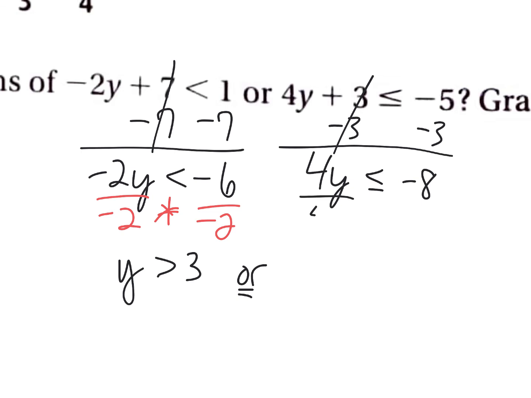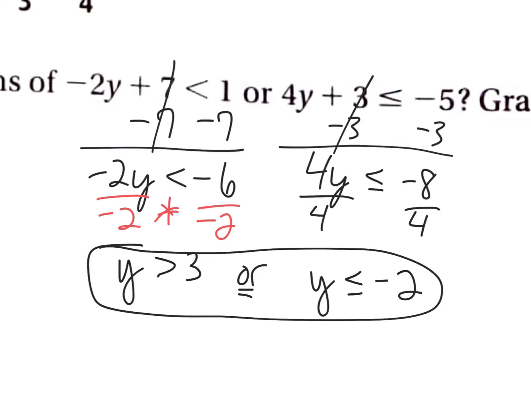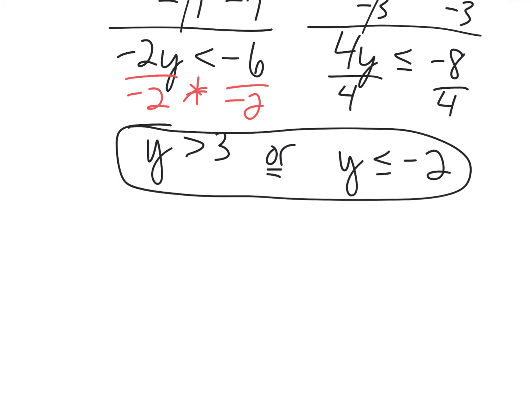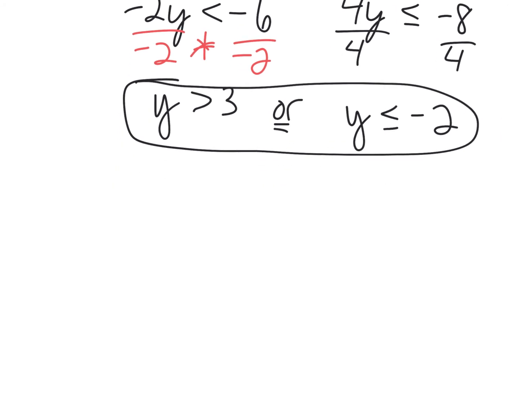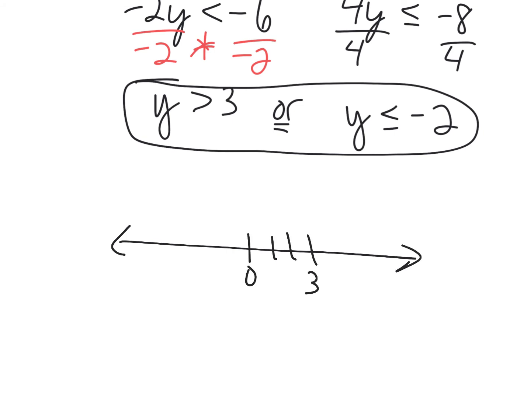They're multiplying, so we can divide. This time we're not dividing by a negative, so we're okay. So y is greater than 3, or y is less than or equal to -2. And then if we graph those, greater than 3 would be an open circle at 3 going to the right. Less than or equal to -2 would be a closed circle at -2 going to the left.